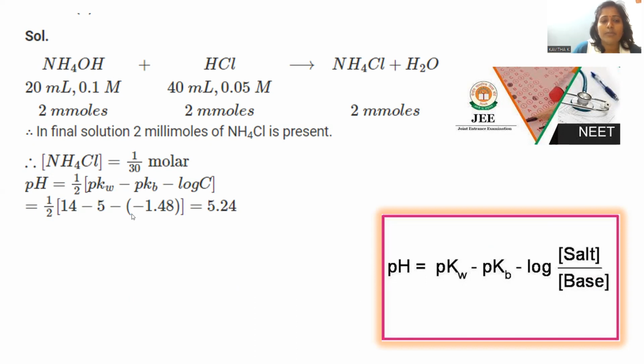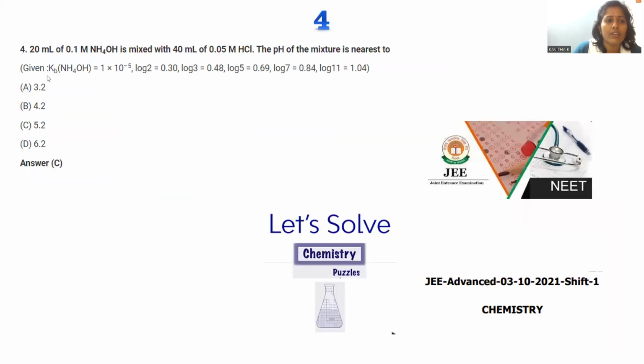So this is a problem given from chemical equilibrium, where Kw is called ionic product of water. It is taken as 14, constant value, then pKb. Here within the problem they mentioned the Kb value. Kb value of ammonium hydroxide is given as 1 into 10 to the power minus 5.